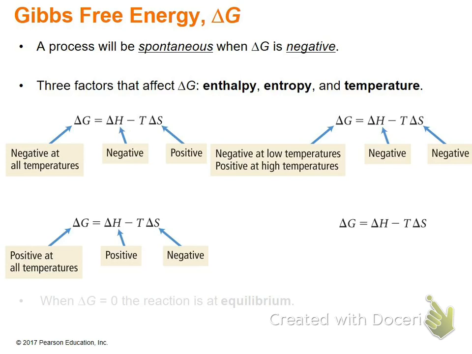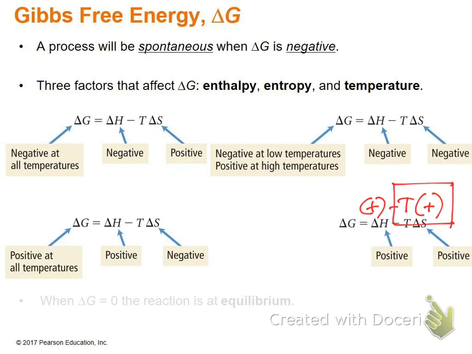All right, so for the last example here, what if we have both positive delta H and positive delta S? So this is a positive value here, and you're subtracting T times a positive value. Now this will again depend on the value of T, the temperature.